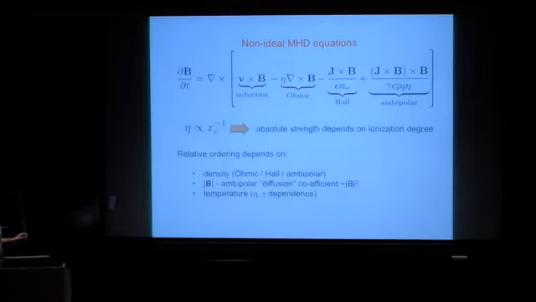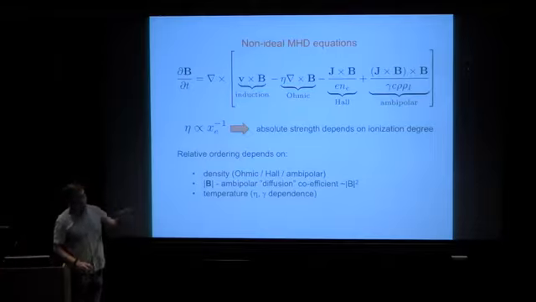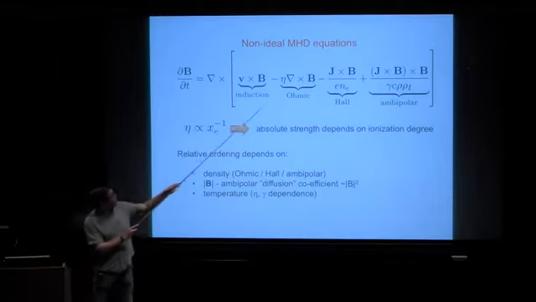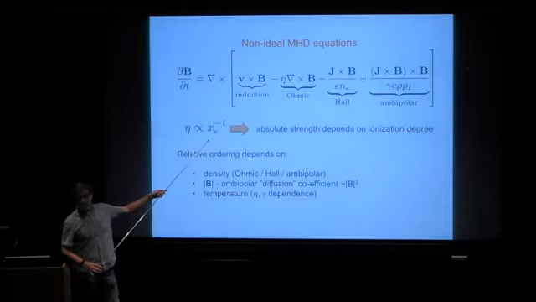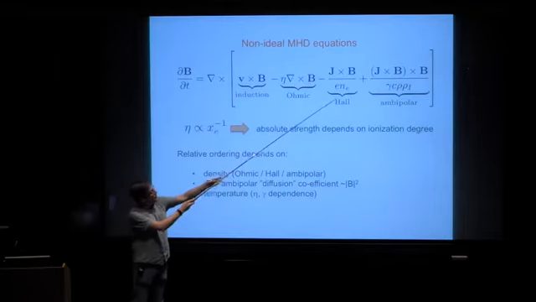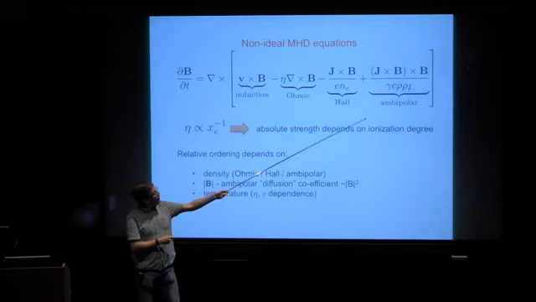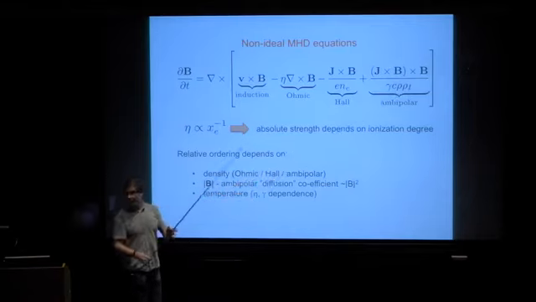Okay, so there's various things you can say about this. The first thing to note is if you look at the non-ideal pieces, they involve the ionization degree, as they should. The resistivity here, eta, is inversely proportional to the electron fraction. You can see the electron number density explicitly appearing on the bottom, and for the ambipolar part, the ion density is also appearing on the bottom.